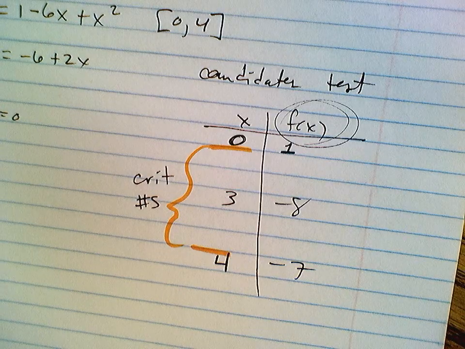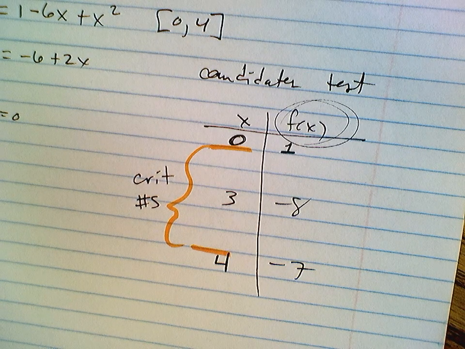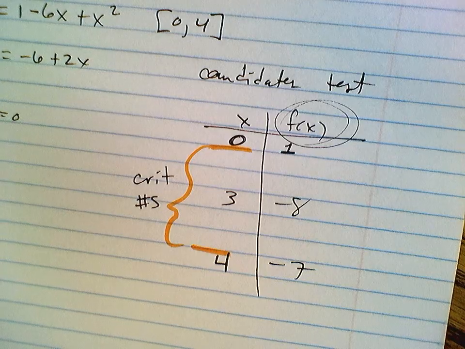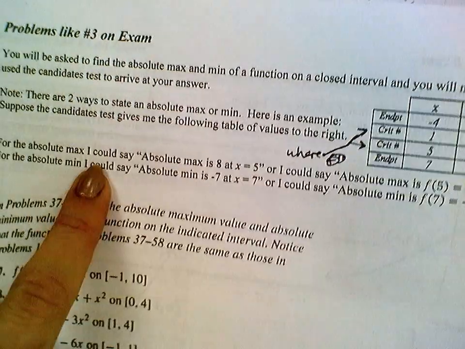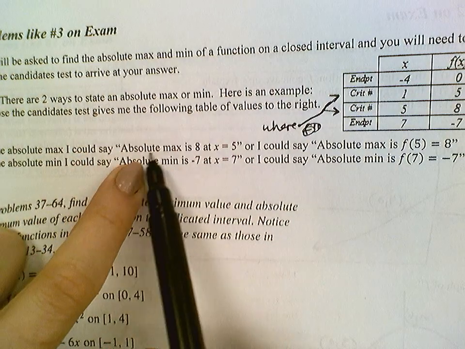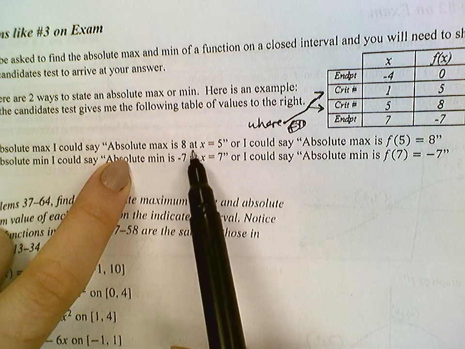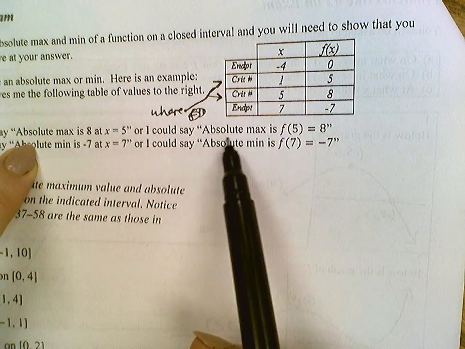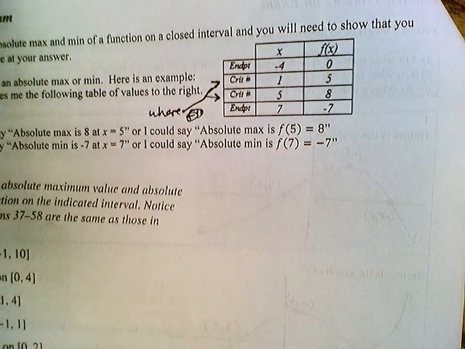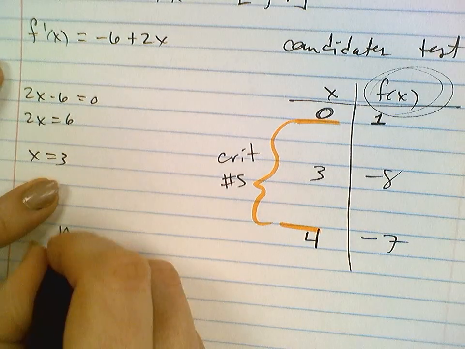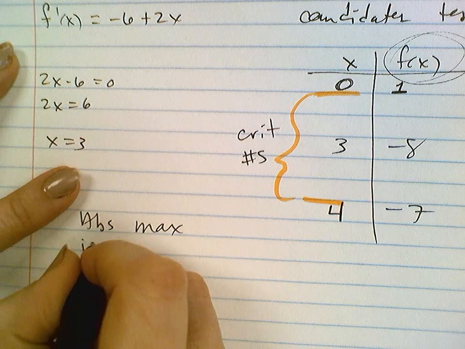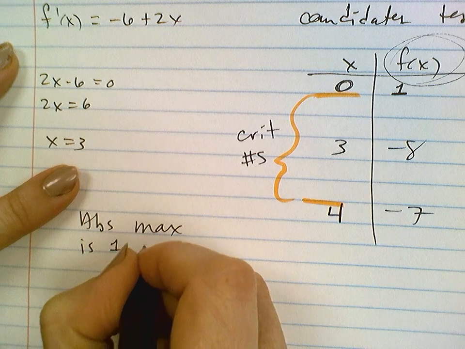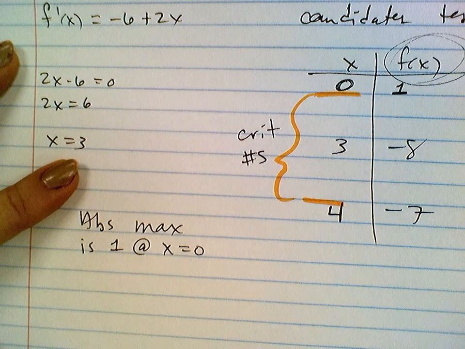You look for the lowest y value, that's the absolute min, but you've got to tell your reader where they occur. For absolute max, I could say absolute max is something at some x value. I'll say absolute max is 1 at x equals 0.